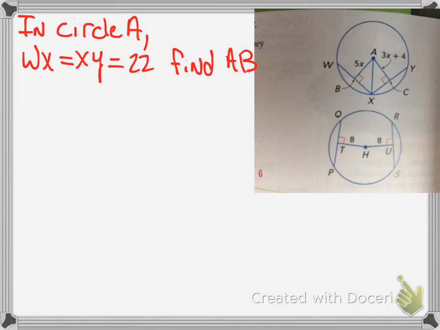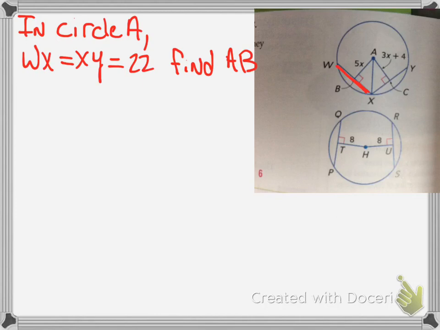Okay, so in this one we're saying in circle A, WX and XY are equal to 22. Find AB. So these are 22, so we know they're going to be congruent.